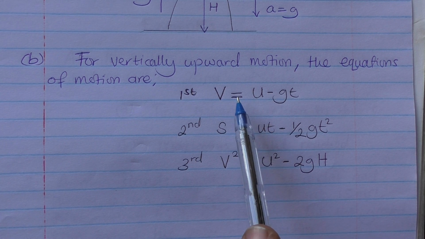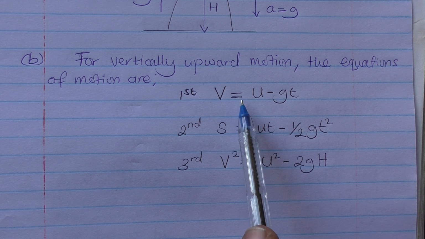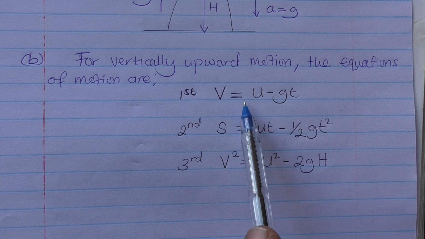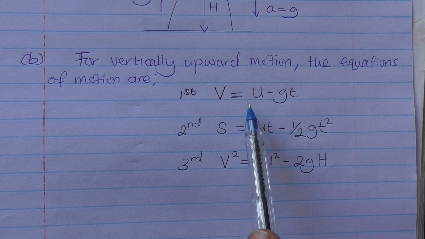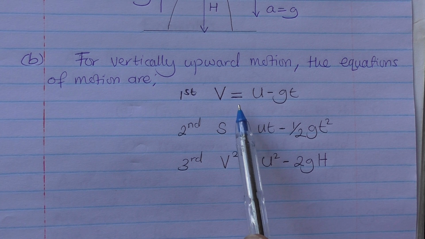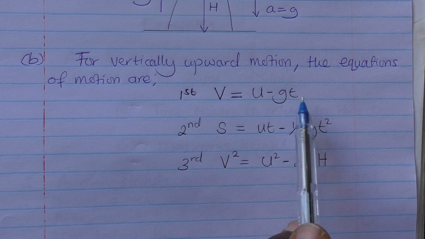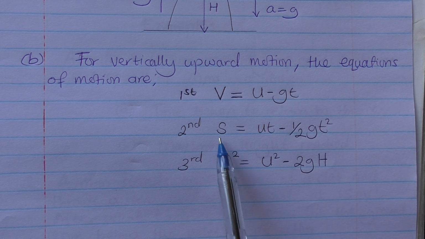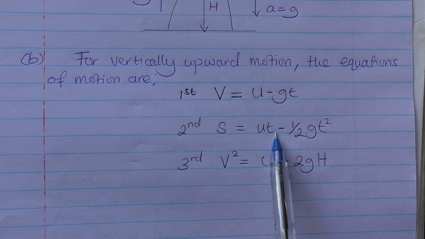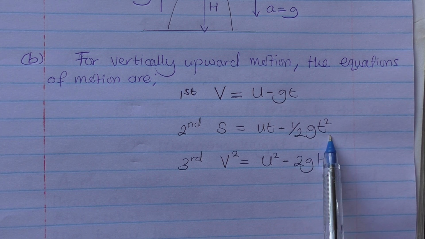So for vertical upward motion, we shall modify the three equations of motion and replace a with negative g. For upward motion, we replace a with negative g in the equations of motion, such that the first one becomes v equals u minus gt. The second one becomes s equals ut minus a half gt squared.